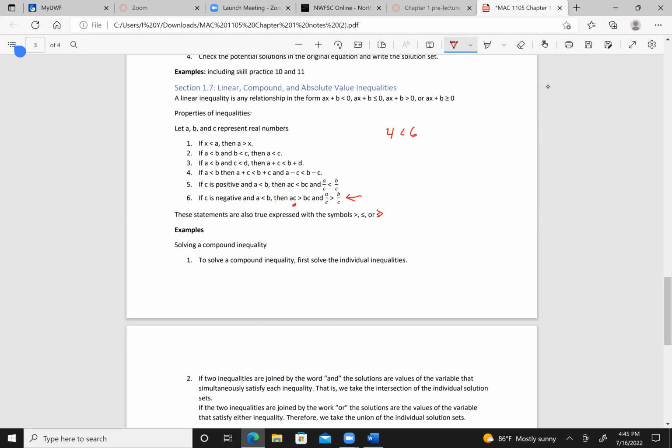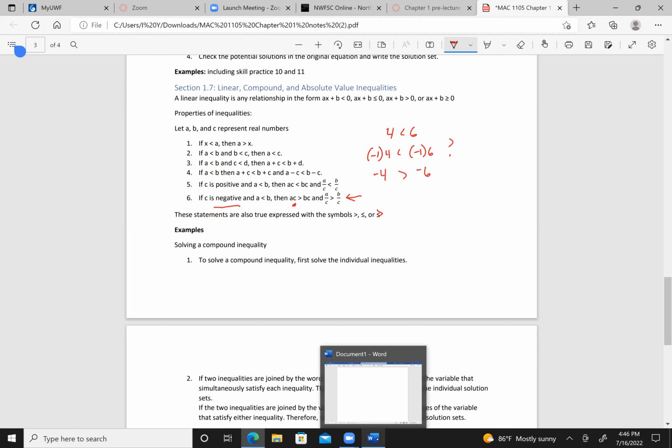So I'm going to multiply both sides by -1. And is that true still? Well, this becomes -4 and this becomes -6. So no, it changes. So when you multiply or divide by a negative, do not forget to reverse the direction of the sign.